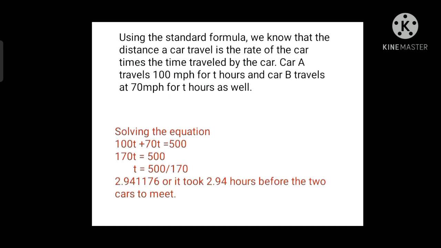So 100t plus 70t is equal to 170t equals 500. Divide both sides by 170 to cancel out, and t will remain. So 500 over 170 is equal to 2.94 hours to meet.